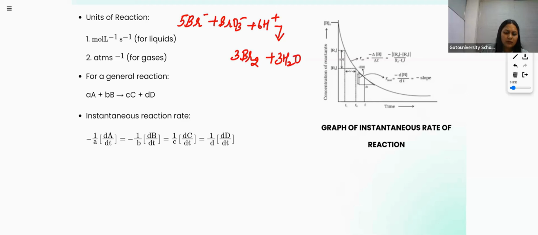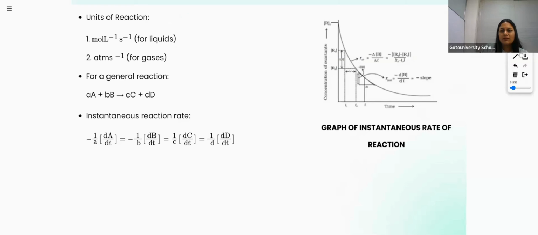Now I want you to write the rate of chemical reaction for this equation. For the reactant side, this will become negative, and for the coefficient, we reciprocate it. Minus 1 by 5 change in the molar concentration of Br by delta t. You can write it now.